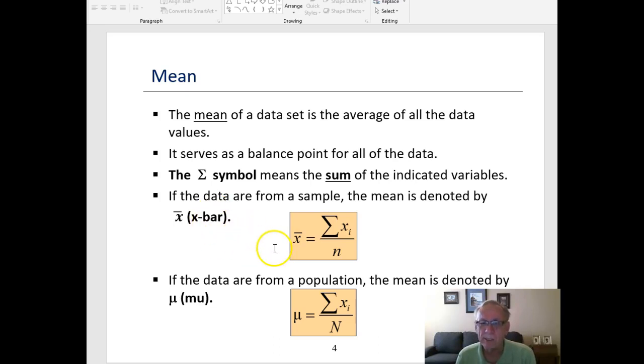And if you're dealing with a sample, you're dealing with small n in the formula. If you're dealing with total population, we switch the name of the mean to mu, and in the formula we're dealing with big N rather than small n.